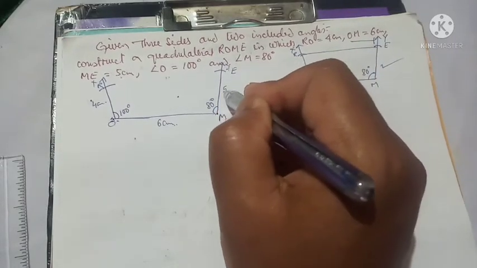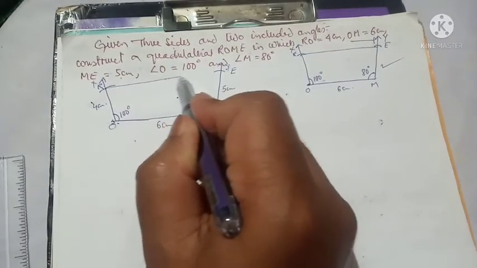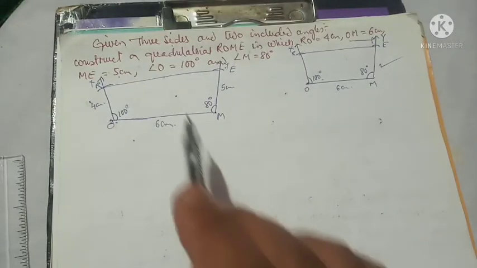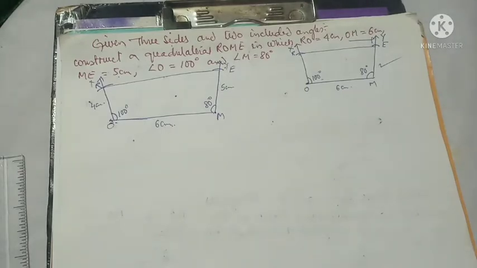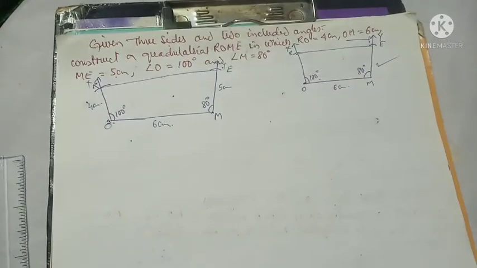This is 5 centimeter, and then we join ER. So we form a quadrilateral ROME. This is the required quadrilateral by giving 3 sides and the 2 included angles.